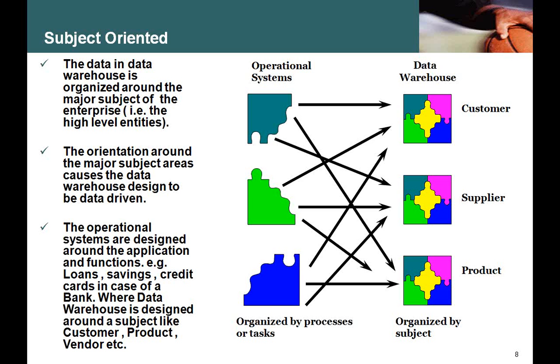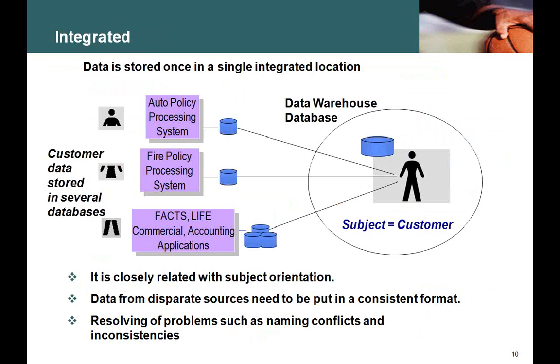Here also indirectly we are doing the integration. From different sources, you keep the data in one location and one format. This is integration. You can also resolve problems such as naming conflicts and inconsistencies, which are taken care of when you integrate.